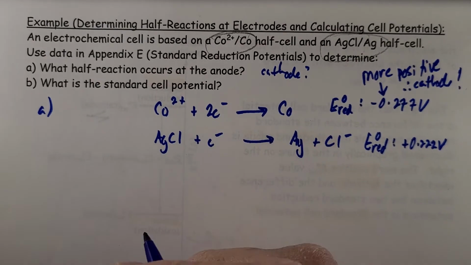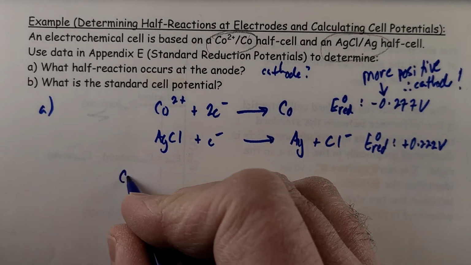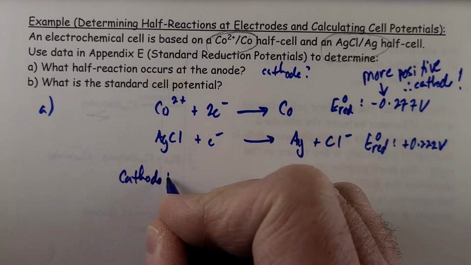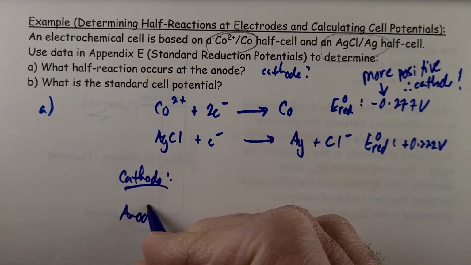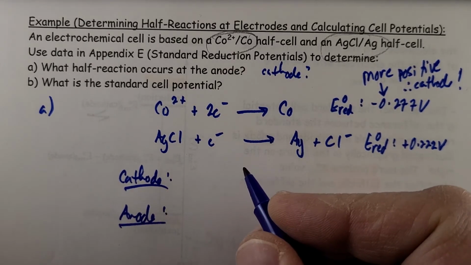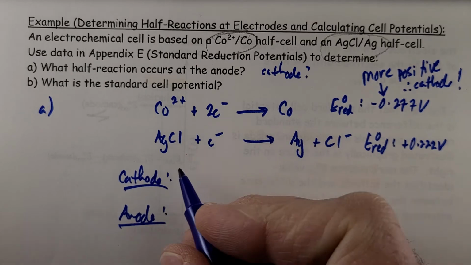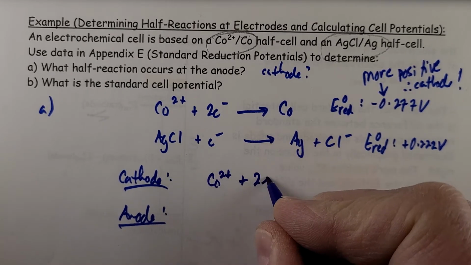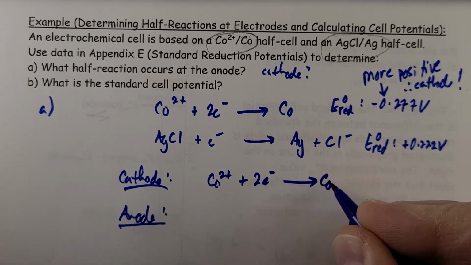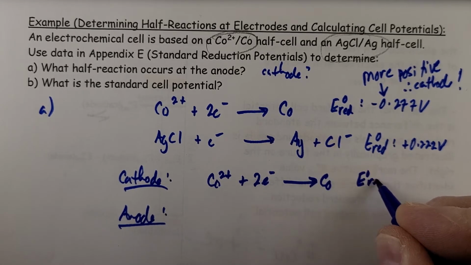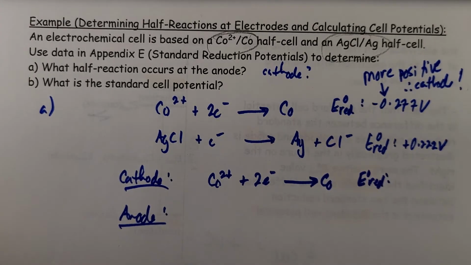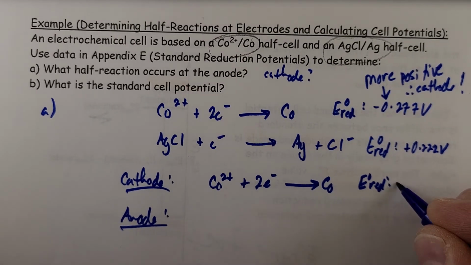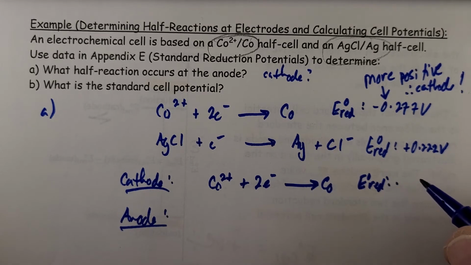So I can identify the cathode reaction and the anode reaction. We could get the overall equation too, but the question doesn't ask for that. So cathode, Co2+ plus 2 electrons gives us Co. And the reduction potential for that, oh, I think I have that backwards, don't I?